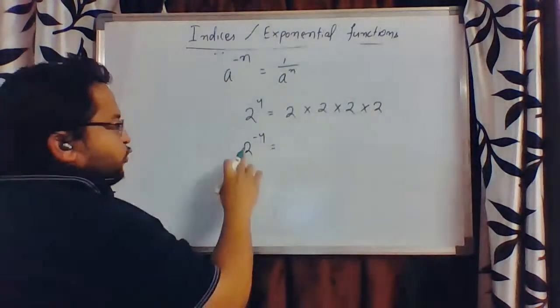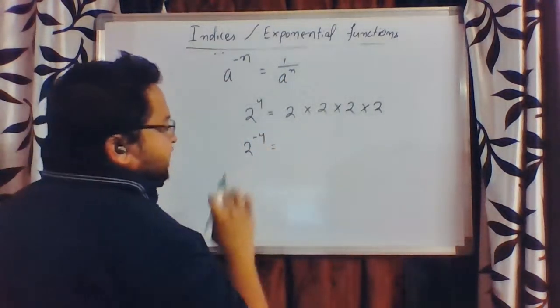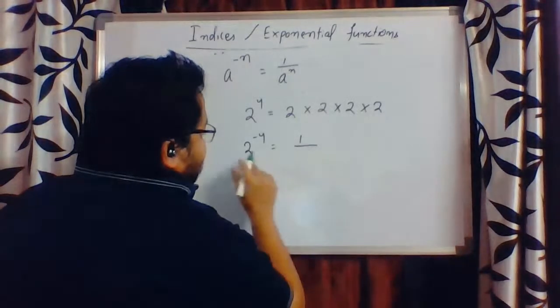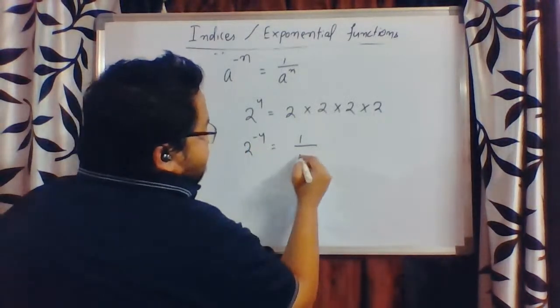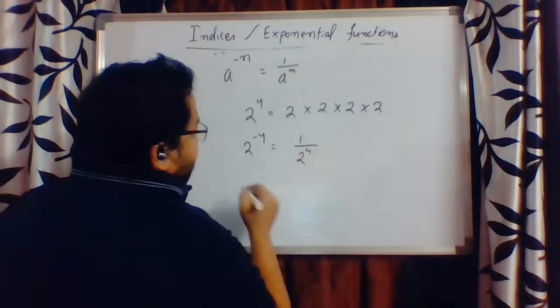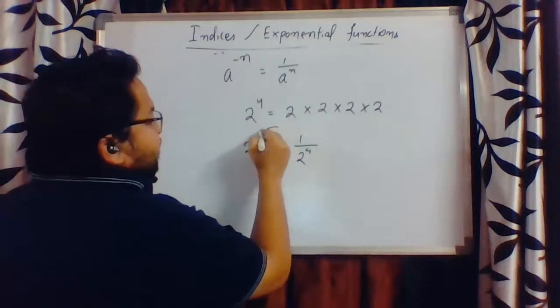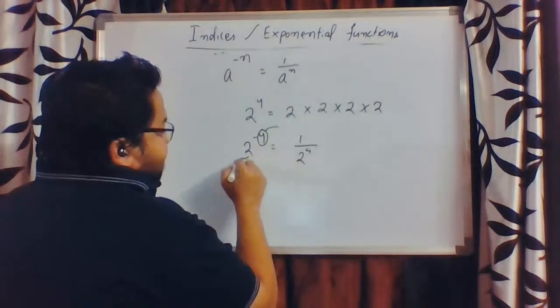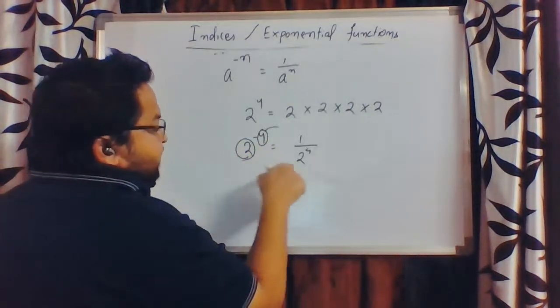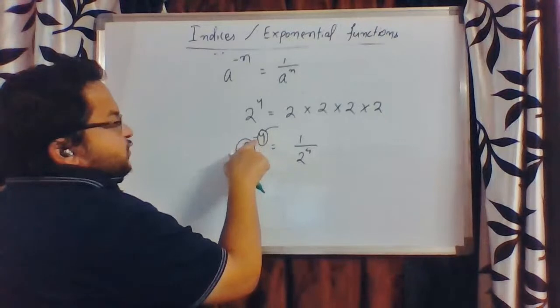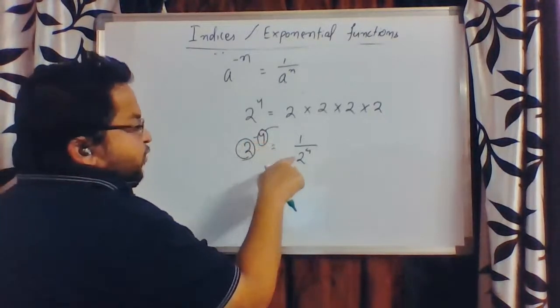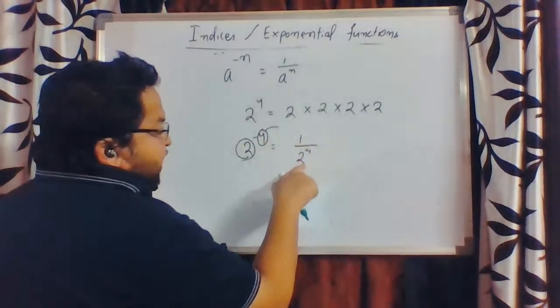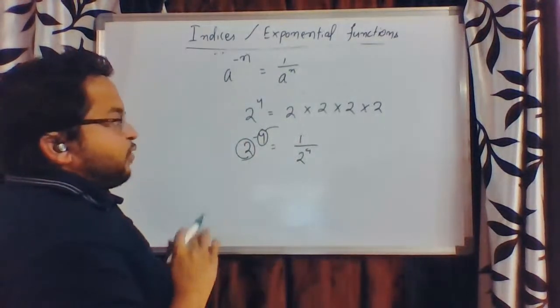So 2 to the power minus 4 is nothing but 1 by 2 to the power 4, because n here was 4. I retained the base, and whatever was the negative power, I put it as 1 by that much, 1 by 2 to the power 4.